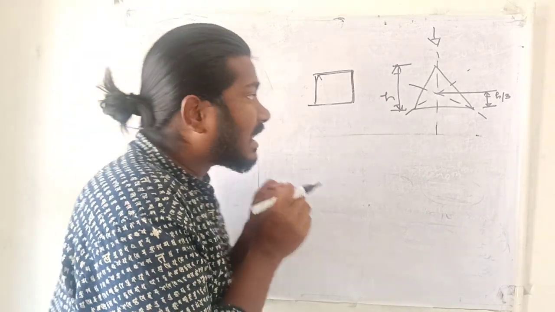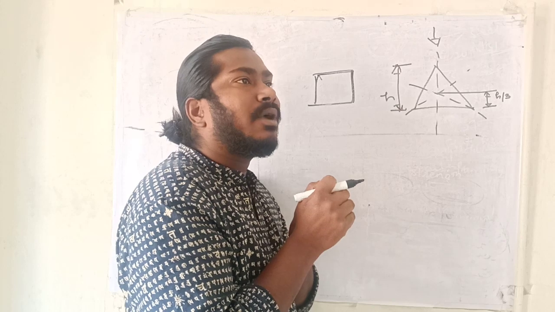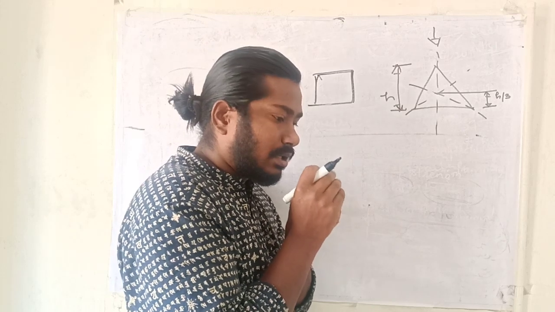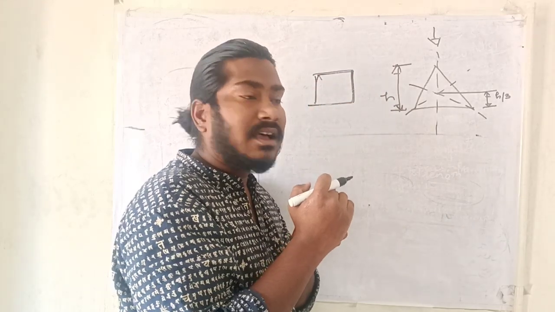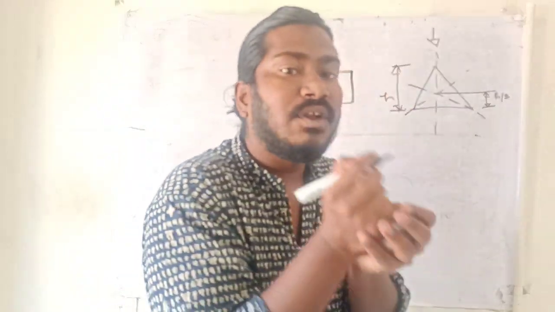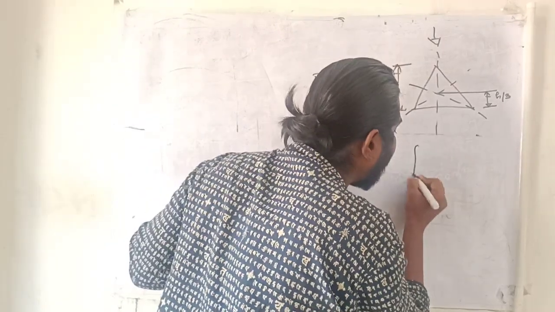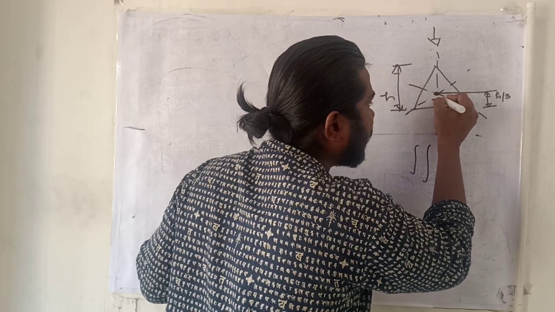The second moment of area value will increase with the location of the centroid. As the centroid location rises up, your second moment of area will also increase.